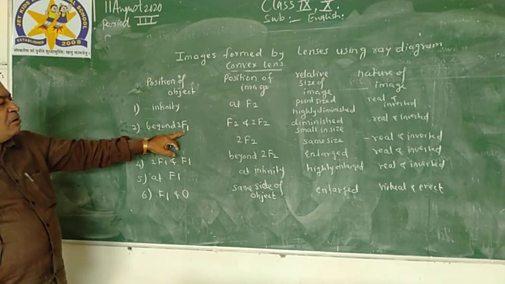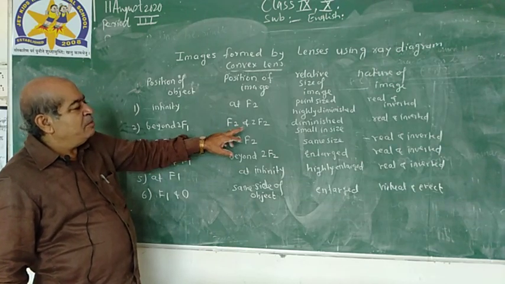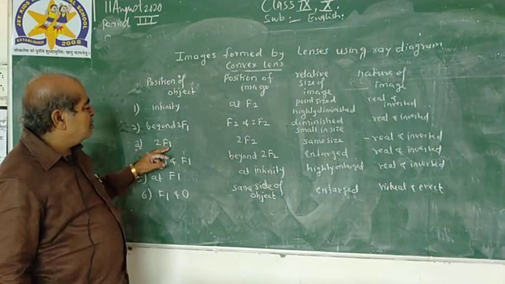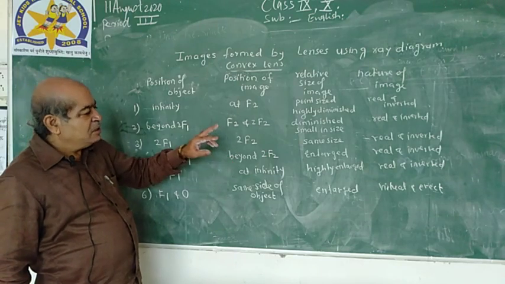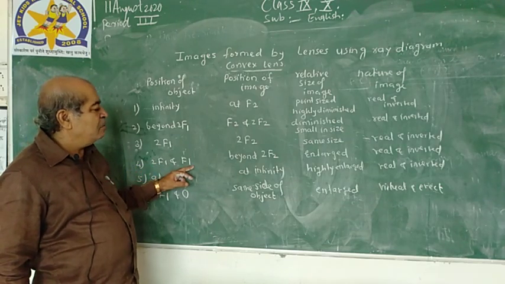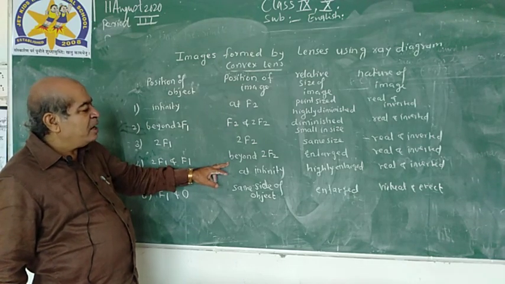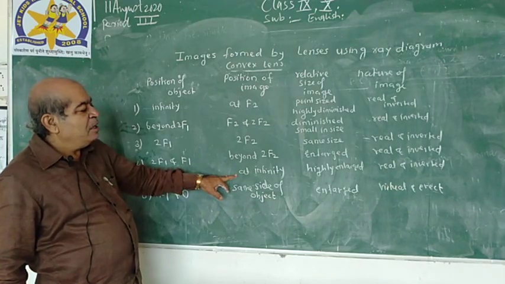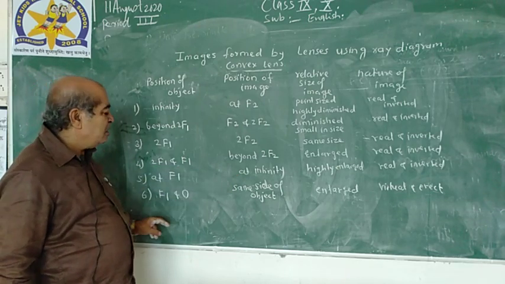When it is beyond twice f1, the image is formed between f2 and twice f2, diminished, small in size, real and inverted. At twice f1, the image is formed at twice f2, same size, real and inverted. When it is between twice f1 and f1, the image is formed beyond twice f2, enlarged, real and inverted. When it is at f1, the image is formed at infinity, highly enlarged or infinitely large, real and inverted.